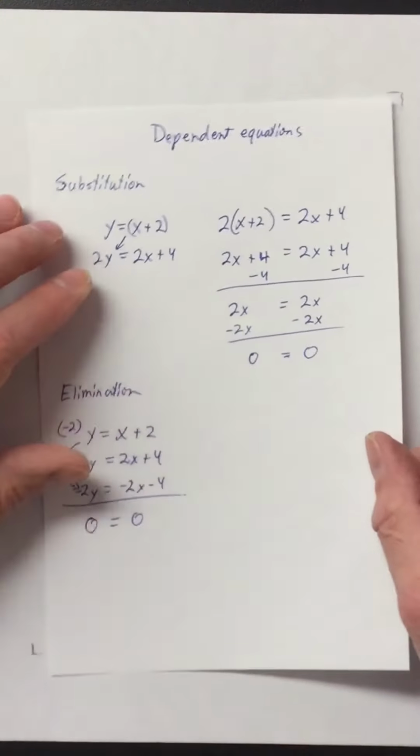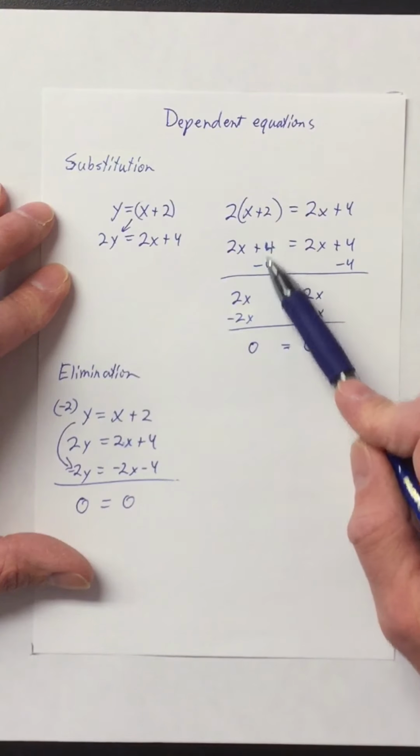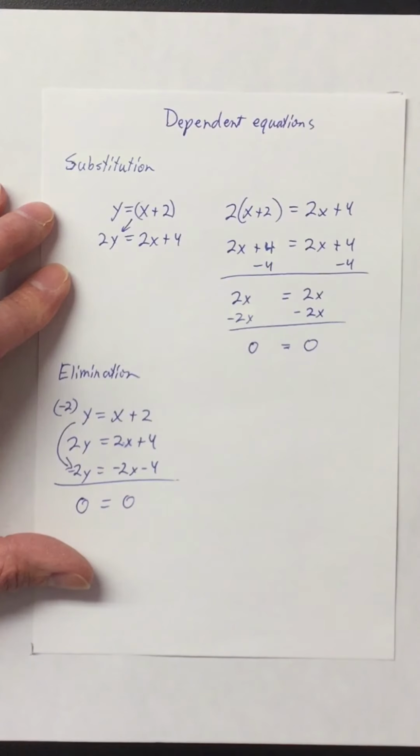Here's substitution. If I take this part, which equals y, and put it in for y here, I have it there. I need to remove my parentheses, so 2 gets multiplied in to be 2x plus 4. Let's subtract 4 from both sides, and I notice that cancels the 4's all the way out. I'm left with 2x and 2x.